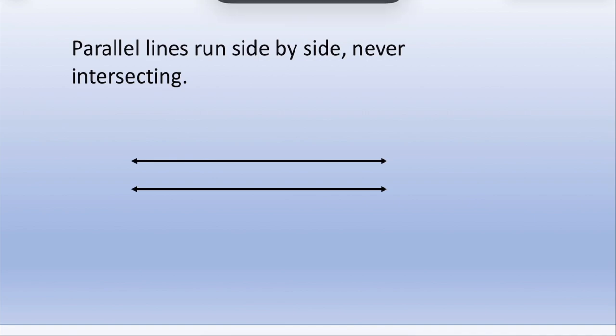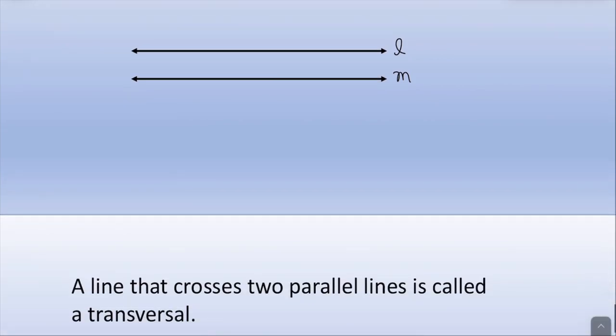So if this is line L and this is line M, the way you would write that in a geometry class is line L is parallel, and you make little railroad tracks, to line M. And eventually, as you learn more about lines, perpendicular lines meet in a precise way. Parallel lines will not meet. And so parallel and perpendicular are words you'll see associated with lines.